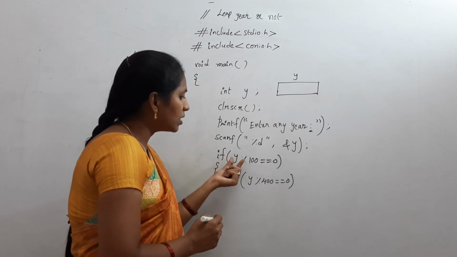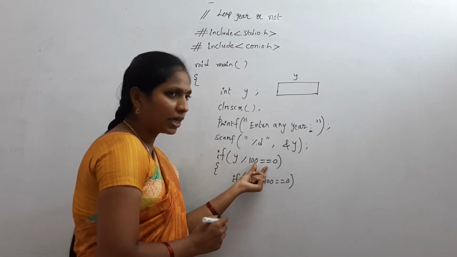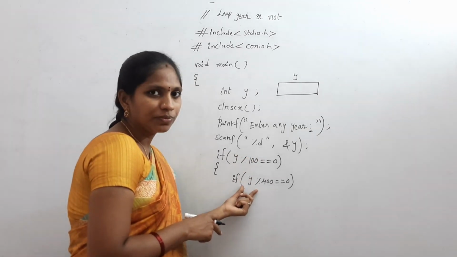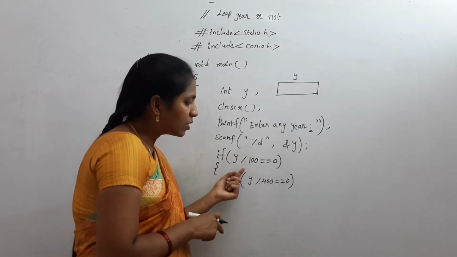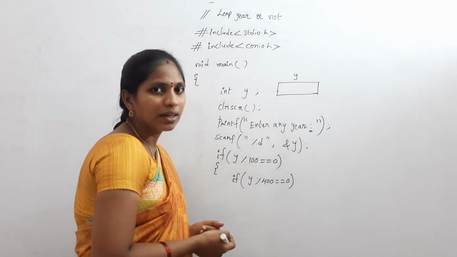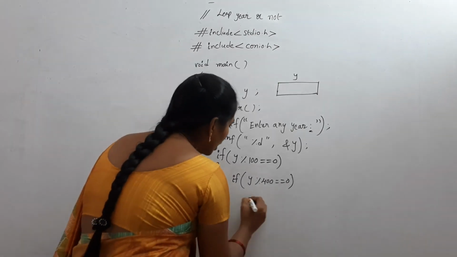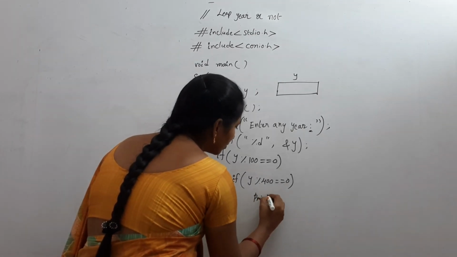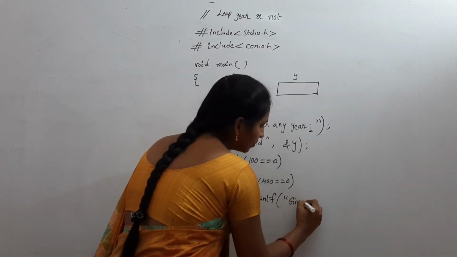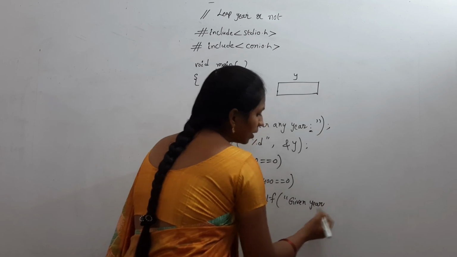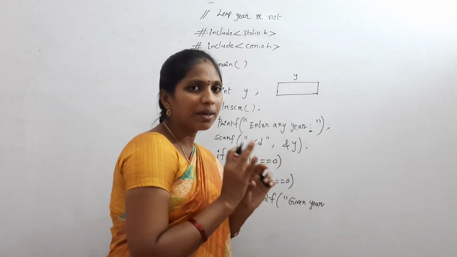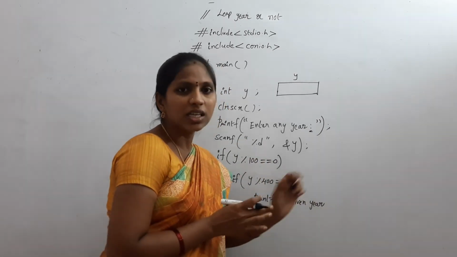Here the first condition checks whether the given year is a multiple of 100 or not. If it is a multiple of 100, then go for the second condition: divisible by 400. If this is true, then the given year is a leap year. So here, printf, given year is a leap year. Just to display a message, write given year is leap year.